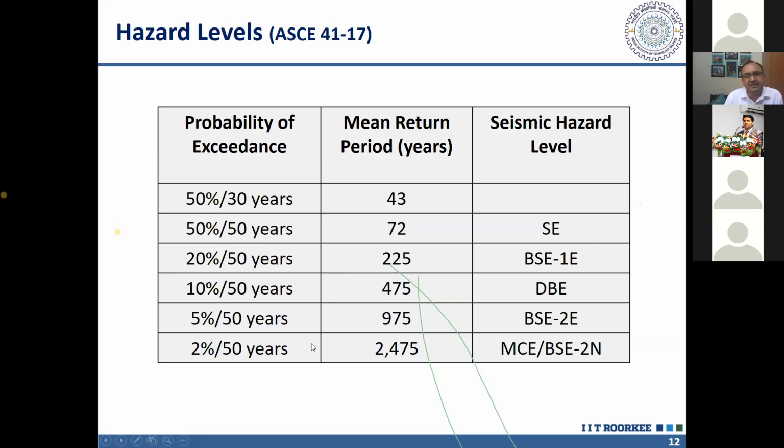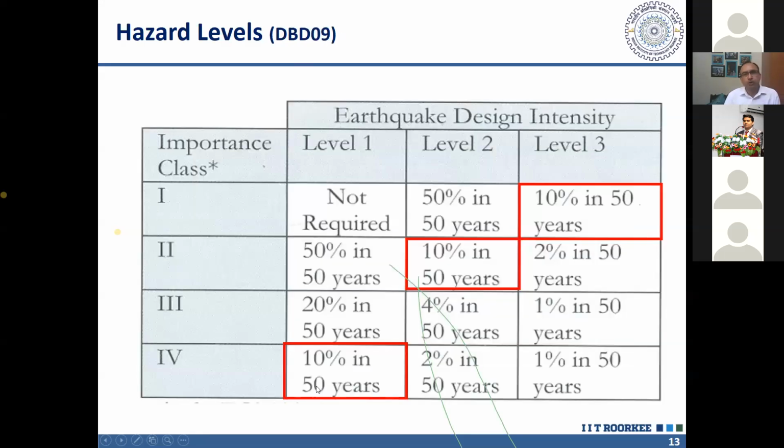But other than these, several limits have been used in the literature. For example, 50% in 30 years, then 5% in 50 years, roughly 1,000 years return period. Those are also used. These limits are as per SEAOC Vision 2000, which are prevalent in America. And in Europe, there are similar levels of earthquakes, 50% in 50 years, 20% in 50 years, 4% in 50 years.